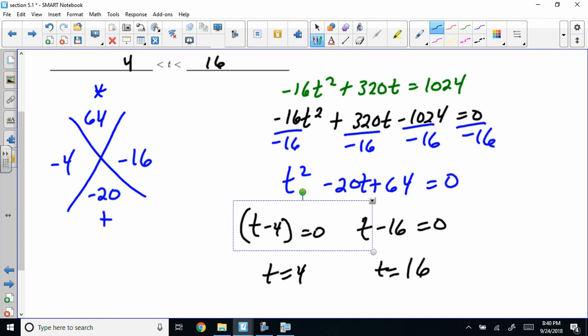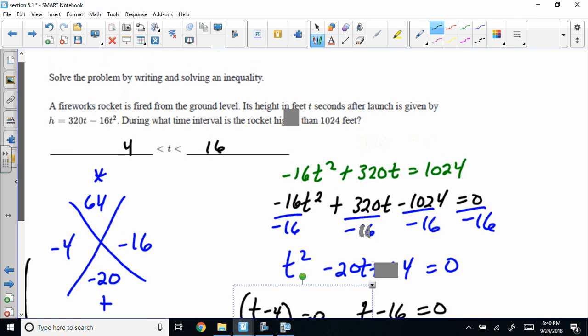Now, we shot this from the ground, right? So what's the spread between 4 and 16? 12. Half of that is 6. The highest point, the x value is 10. They shot this from where? 0, right? From the ground.